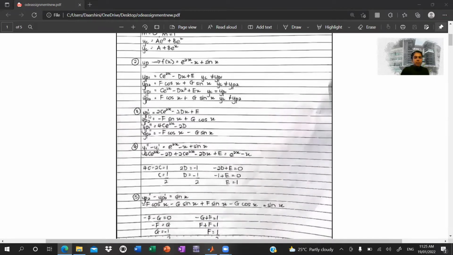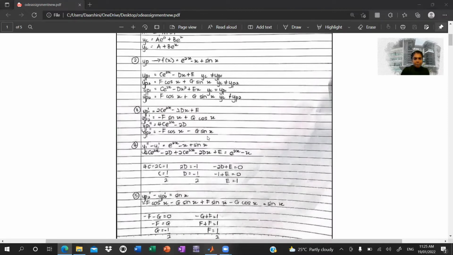My yp1 prime is 2c e to the 2x minus 2dx plus e. My yp2 double prime is negative f cos x minus g sine x, and my yp2 prime is negative f sine x plus g cos x.